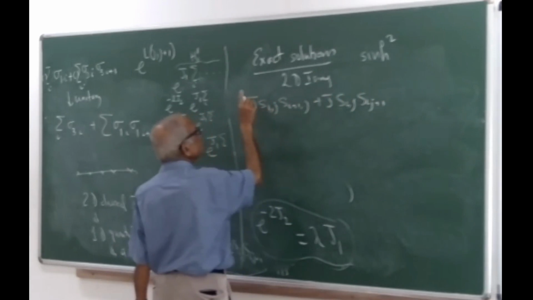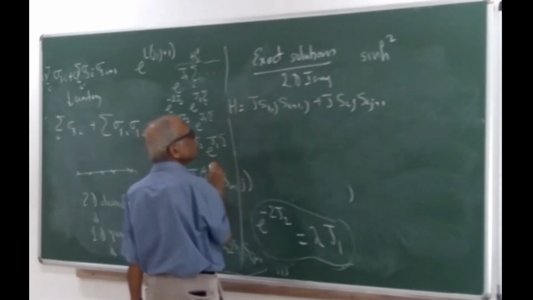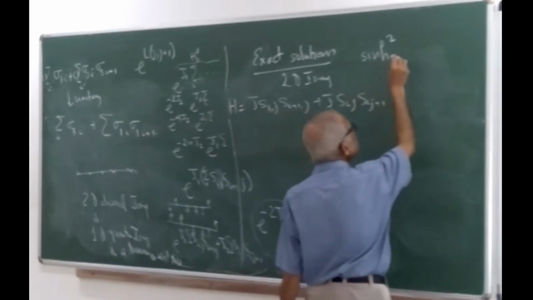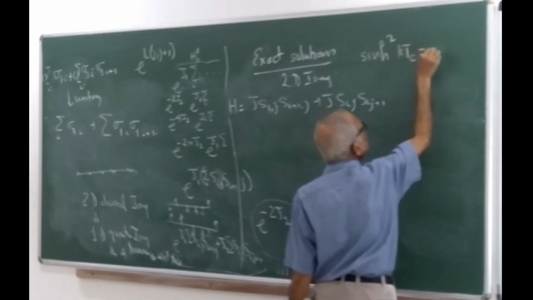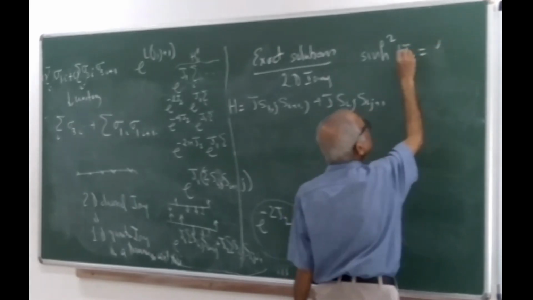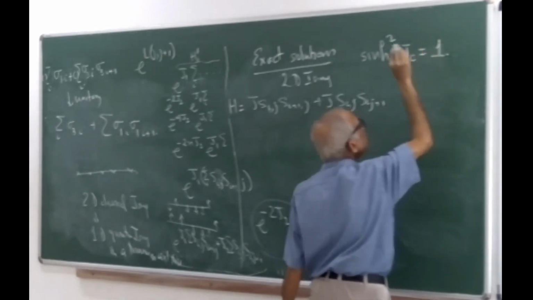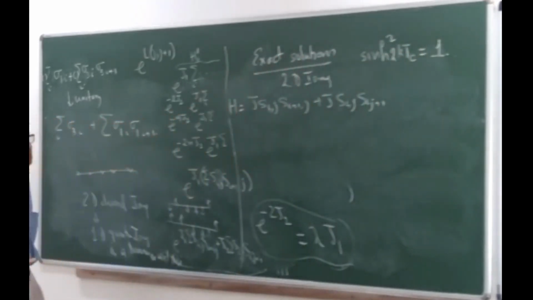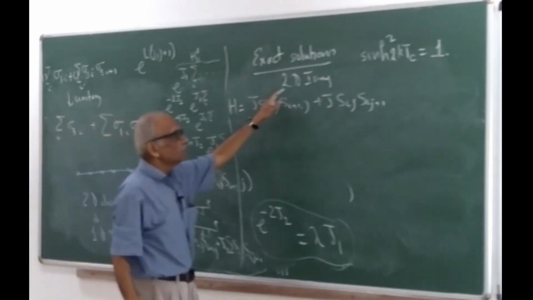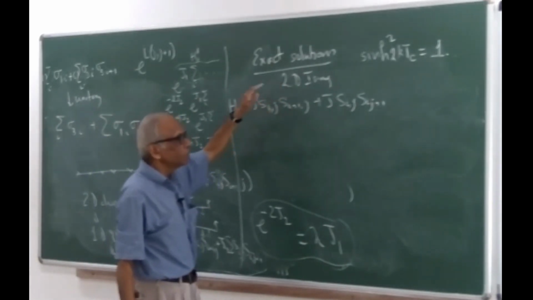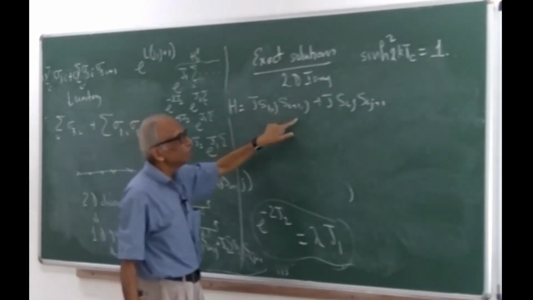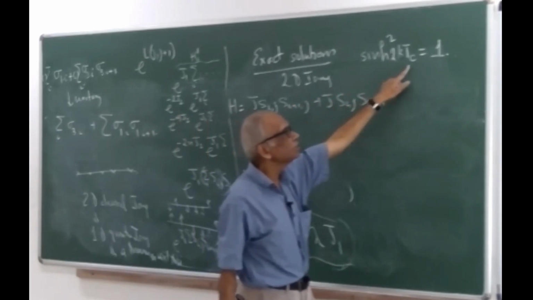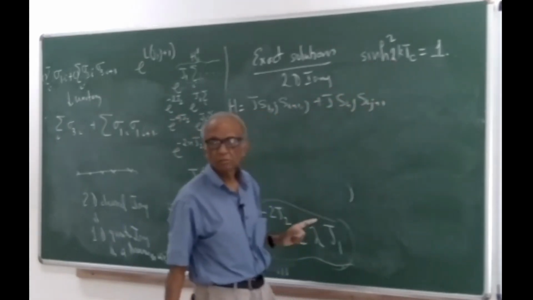So if this is the Hamiltonian, the isotropic one, the critical point is sinh squared of K T_c. That's the Onsager solution. For the 2D isotropic Ising model with this Hamiltonian over here, the phase transition occurs at a temperature T_c, which is sinh squared of K T_c.